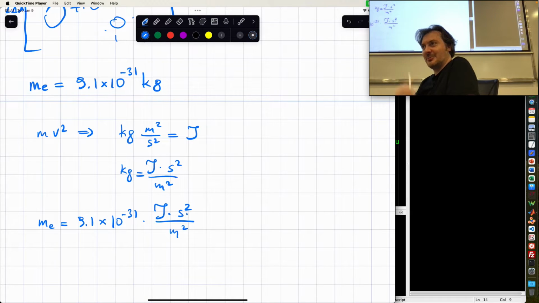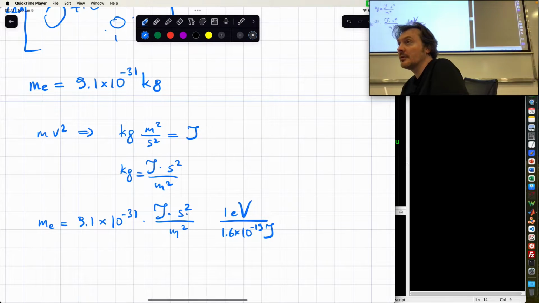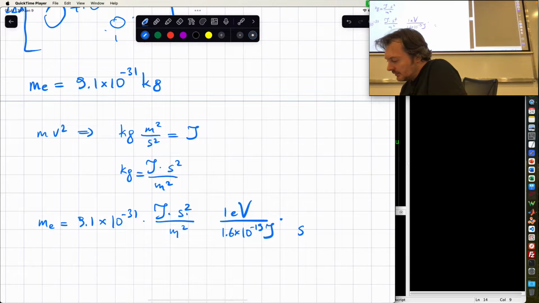I want to continue torturing you. So this joule corresponds to 1 eV, so let's multiply by 1 eV over 1.6 times 10 to the minus 19 joules, right? Second squared should be at the bottom, which corresponds to 10 to the plus 30 femtosecond squared.